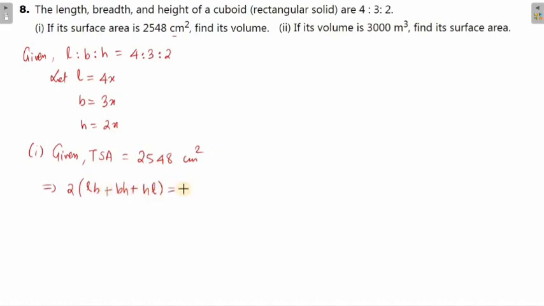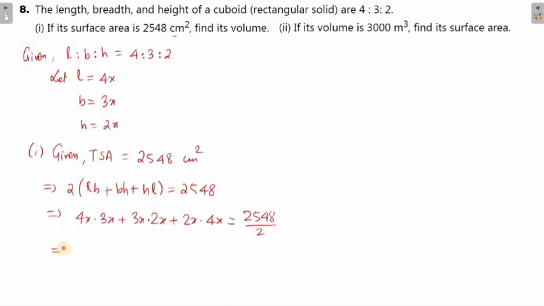So this is given to be 2548. Now you can bring this 2 out, so you have L into B: L is 4x into B is 3x, plus B is 3x into H is 2x, plus 2x into L, which is again 4x. Now as I said, you bring this 2 to the denominator, so you get 2548 by 2.